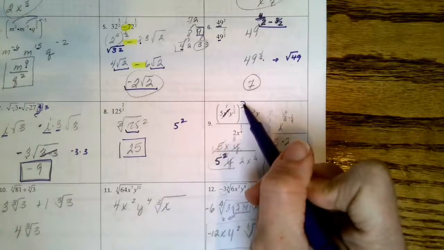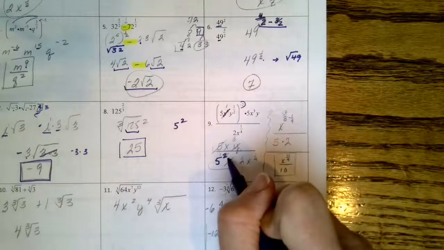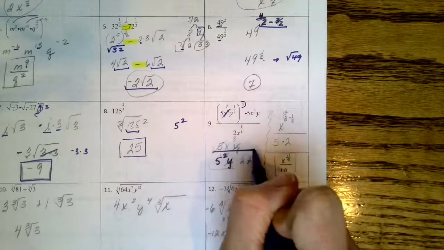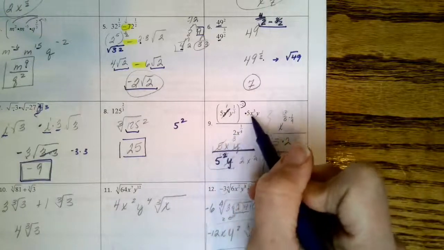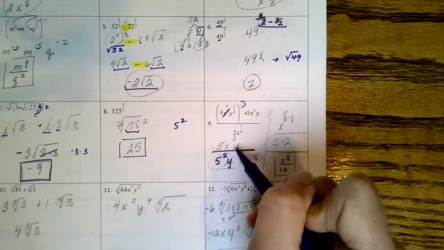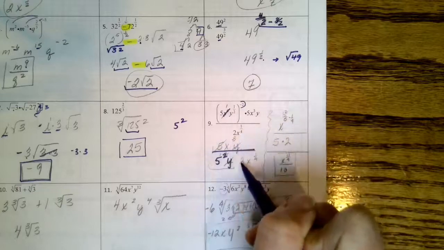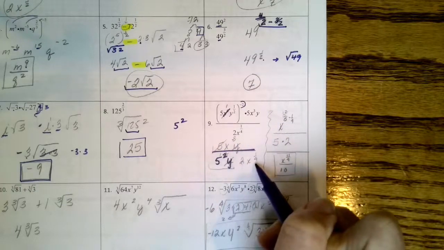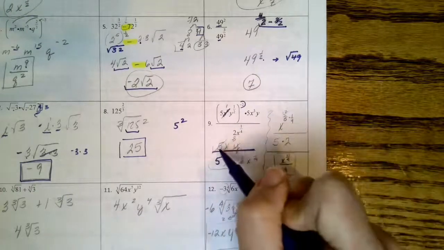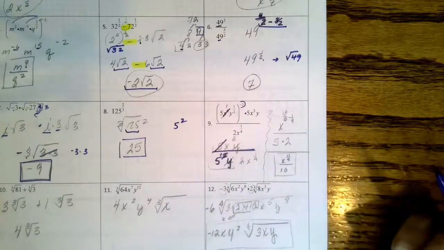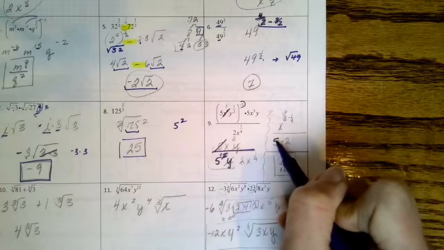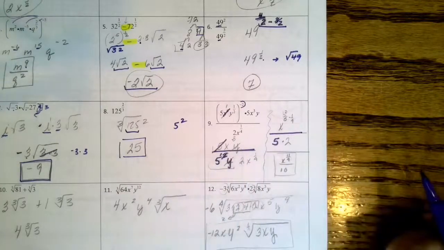This becomes y to the negative 1st power, and it went down into the denominator right away. This 5 stays, this x cubed stays, this y stays. Don't forget about your denominator. This 2 stays, this x to the 1/4 stays. So this 5 cancels off with one of these 5s, which is where this 5 in this next fraction comes from.